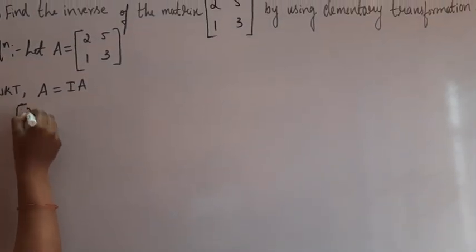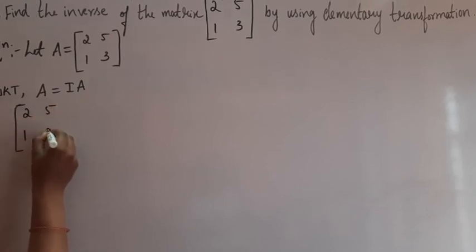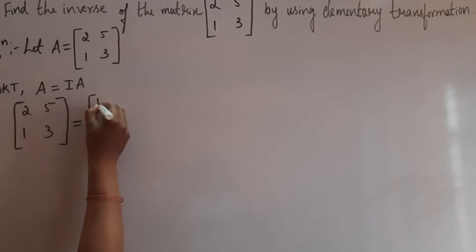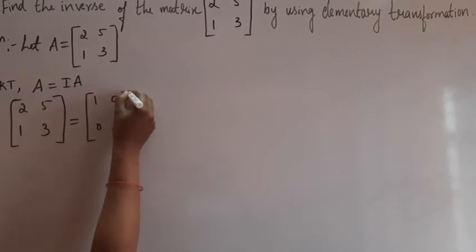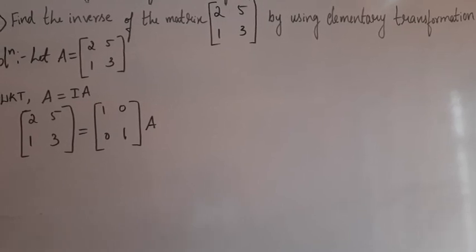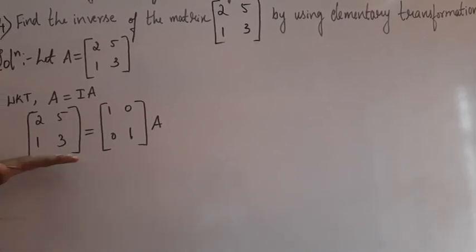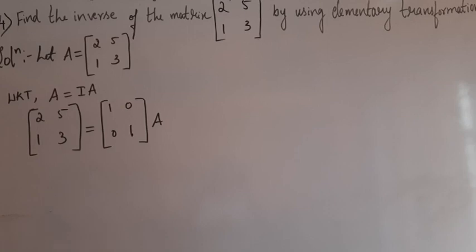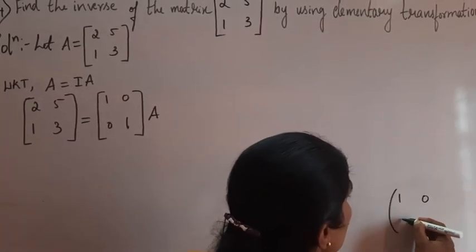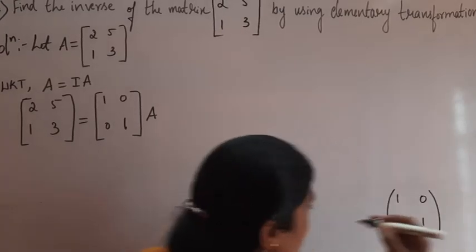Matrix A is 2, 5, 1, 3 equals I, the identity 1, 0, 0, 1, into matrix A. Our work is to reduce this left side matrix into the identity matrix, that is, reduce matrix A to the form 1, 0, 0, 1.